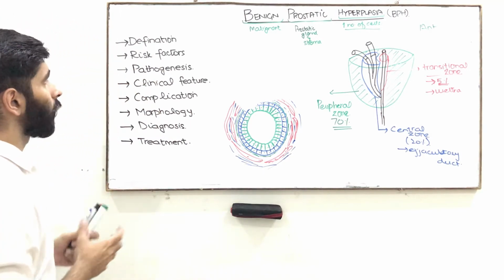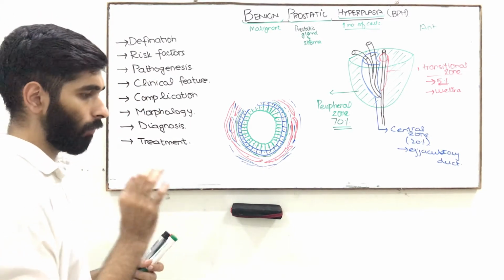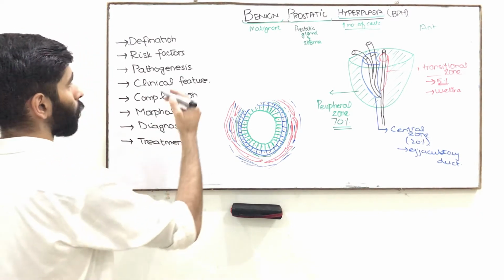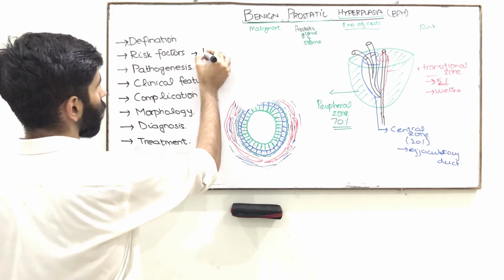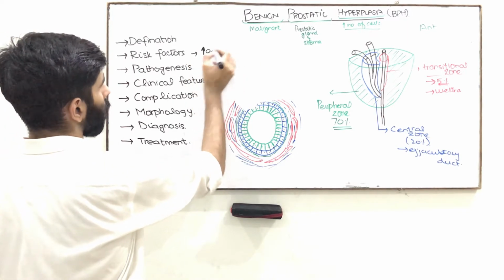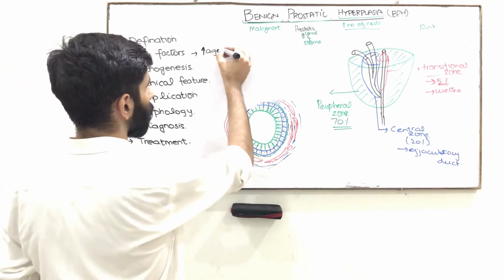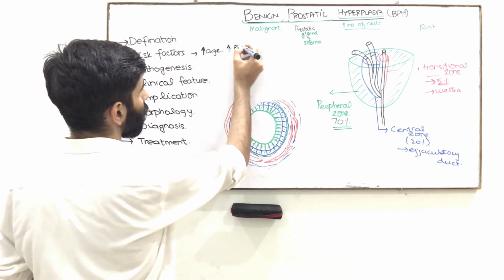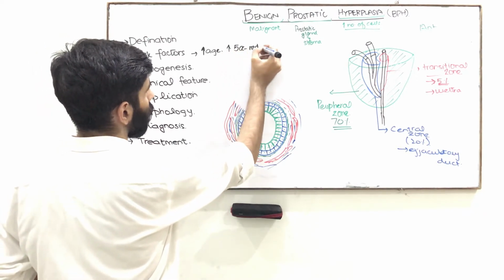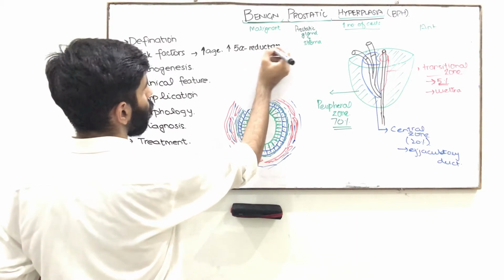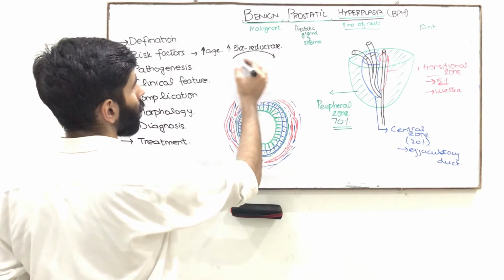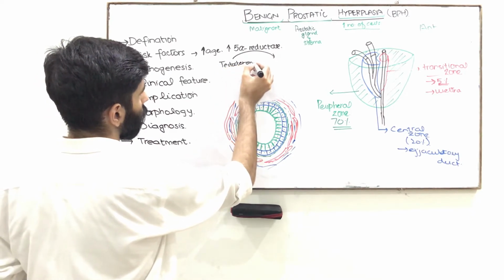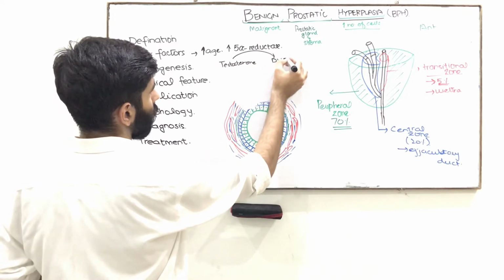So what are the various risk factors of benign prostatic hyperplasia? The most important risk factor associated with it is increasing age. As age increases, after about 30 to 40 years, there is an increase in the activity of the 5-alpha reductase enzyme, which is responsible for the conversion of testosterone to dihydrotestosterone.